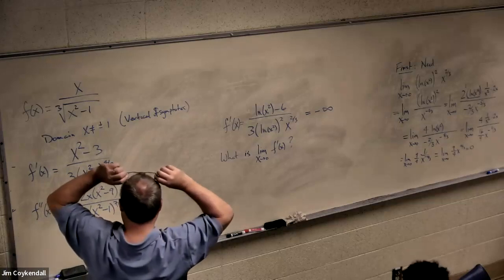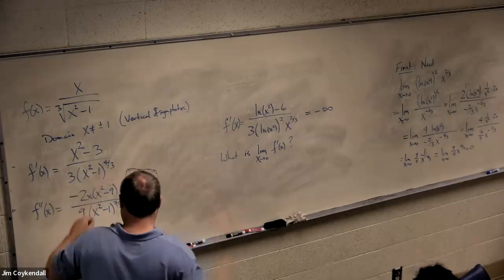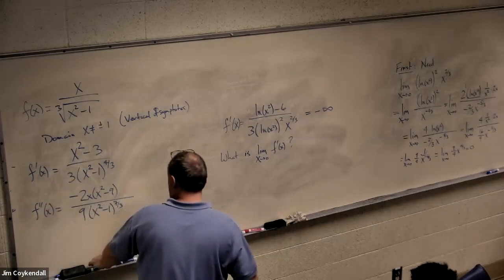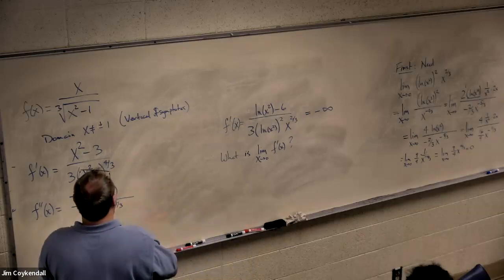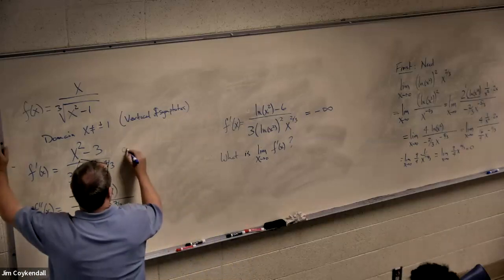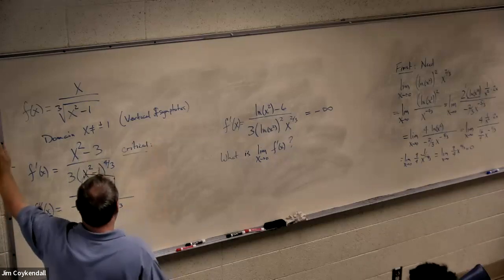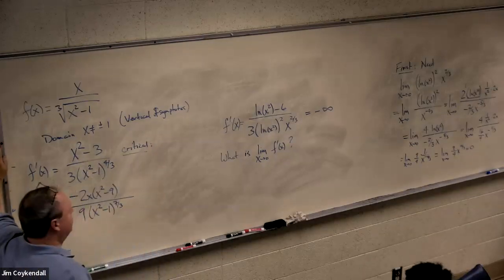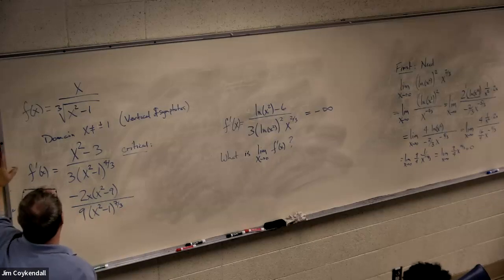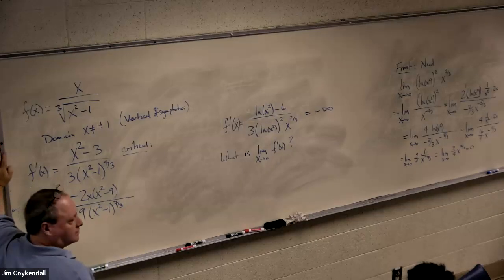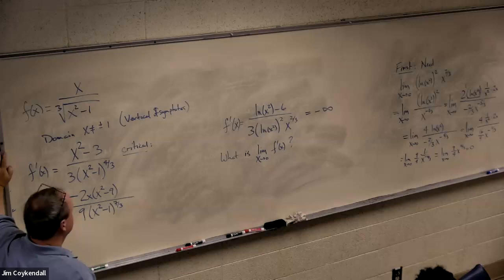Okay, so what are the critical numbers for the first derivative? Well, they're the numbers that make this either 0 or undefined that are in the domain.